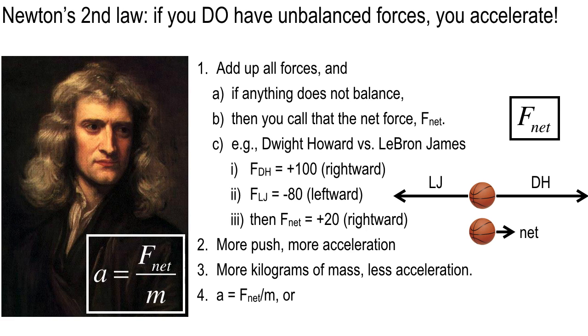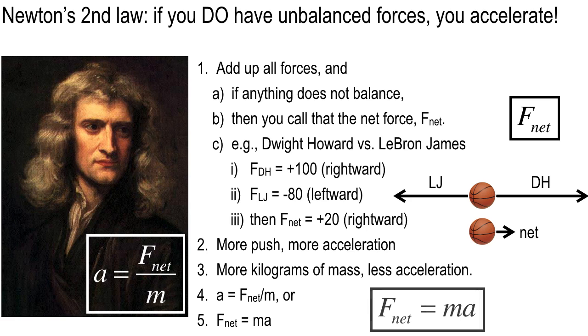But for objects that have mass, that's in the denominator. And so the more you have in the denominator, the smaller your acceleration. Now, another way to write this is F net equals ma.